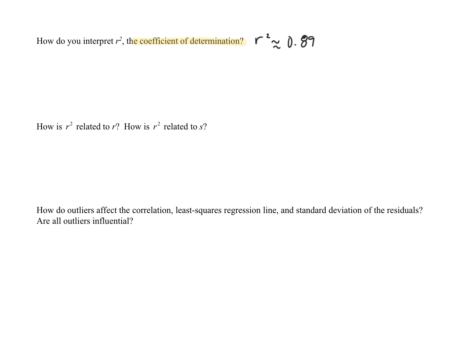Okay, in simple terms, here's what's going on. R squared tells us the percent of time that y changes because x does. So in our case, 89% of the time, y is changing because x is changing.